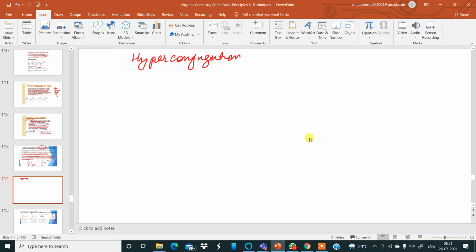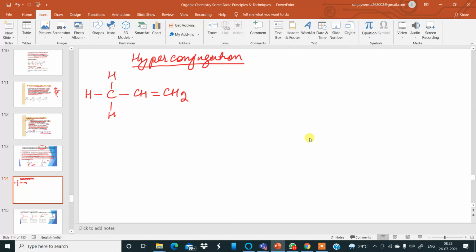Hyperconjugation effect, so have a look very carefully. It is a very nice and interesting topic under this part of the chapter. CH3, then CH double bond CH2. Now this is the structure. It is an alkene, so you can see there is a double bond, there is a single bond, conjugation.